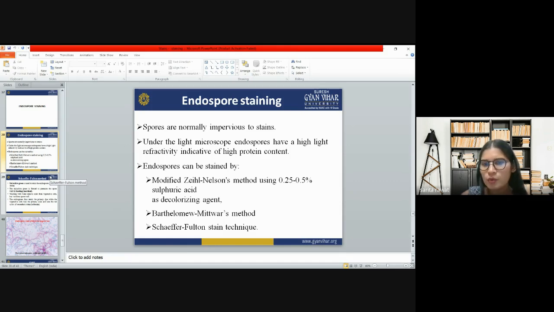Endospores can be stained by the modified Ziehl-Neelsen method using 0.25 to 0.5% sulfuric acid as a decolorizing agent. We can also do endospore staining using Bartholomew and Mittwer's method. Another technique we have for endospore staining is the Schaeffer-Fulton stain technique.